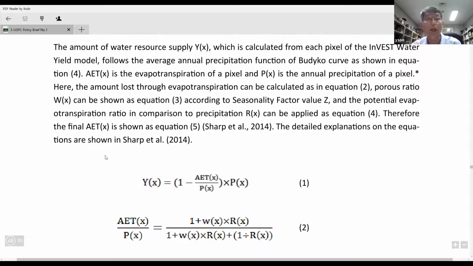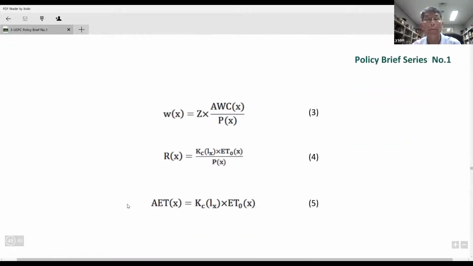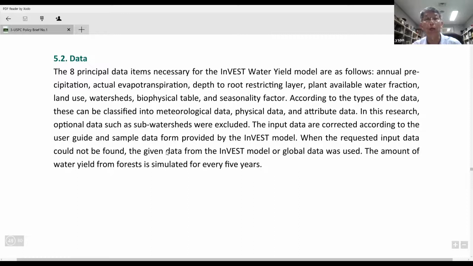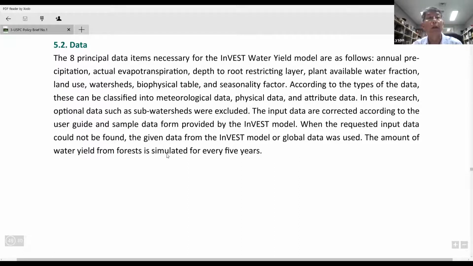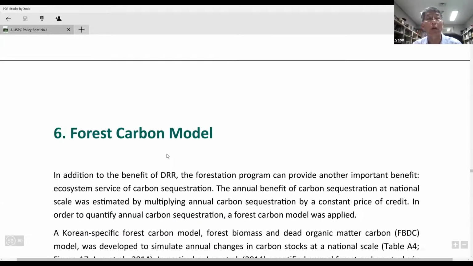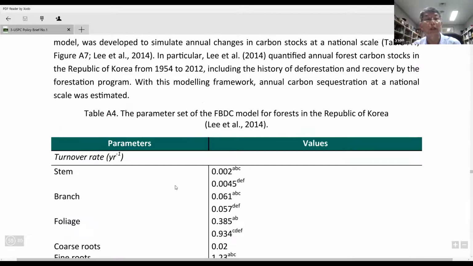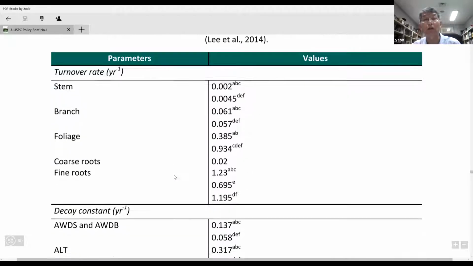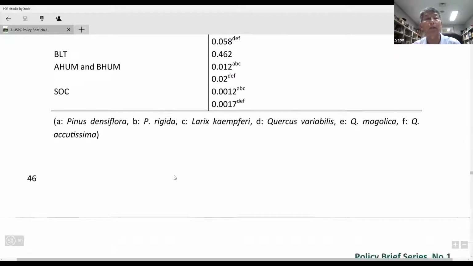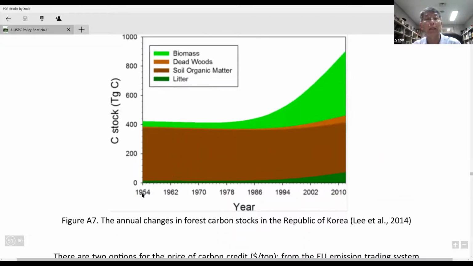And some equations, data manipulation, and then the forest carbon model. Again, this model was developed by myself with my students, and then some parameters to run the model, and changes in carbon stock by component, by age, by year.